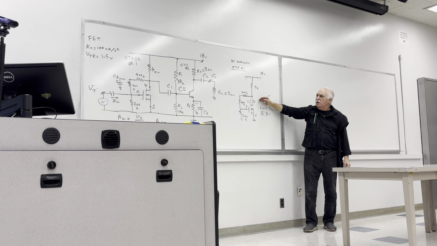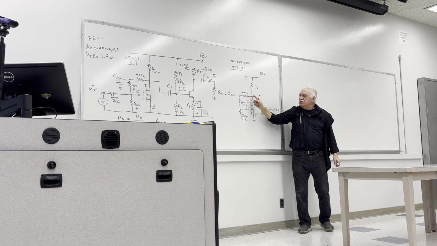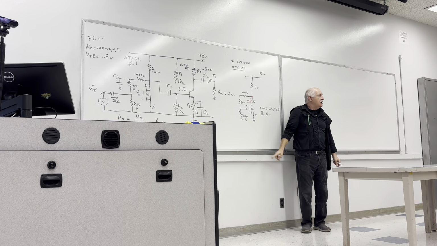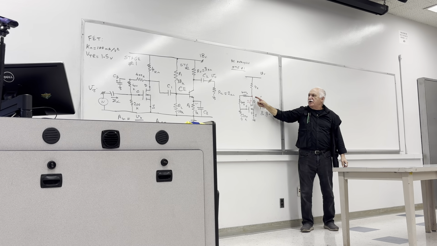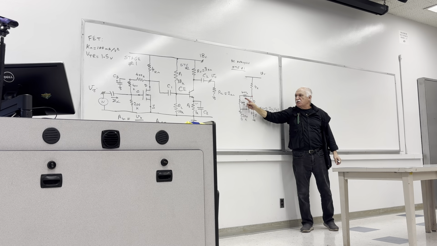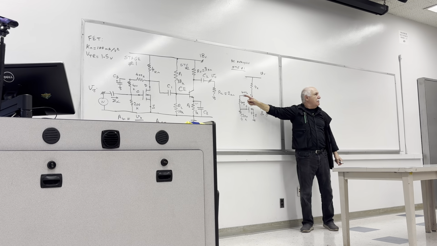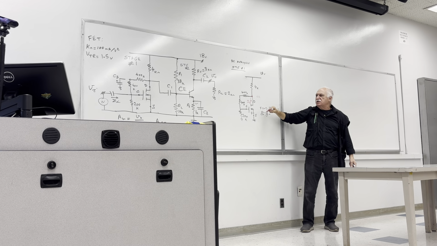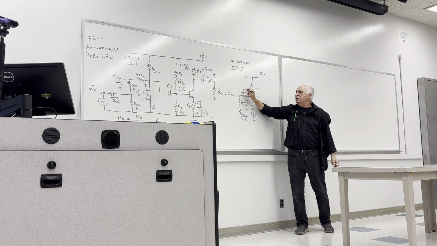Some 10 volt. Then what will be the current in this path? Very small. 10 volt divided by 400K, that's a 1 mega, 10 microamp, okay? So that assumed 10 volt, we're going to cross this out in a minute. This is going to be like 10 microamp.